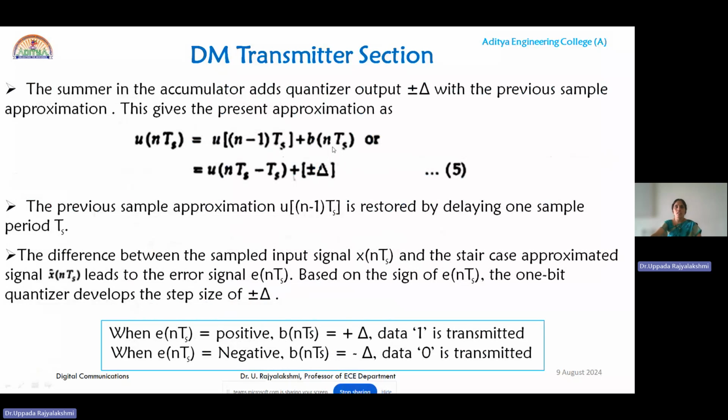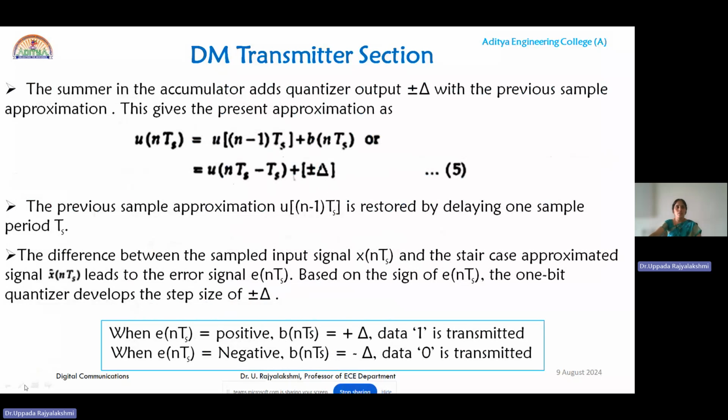It can be either plus delta or minus delta based on the relation between x and x cap. So here u(nTs) can be expressed as u((n-1)Ts) plus or minus delta.